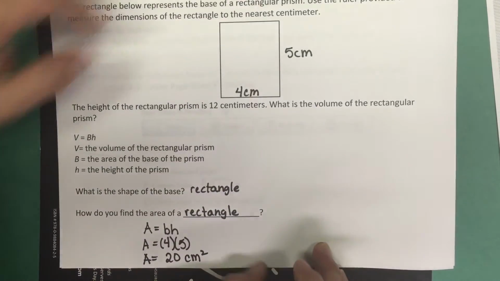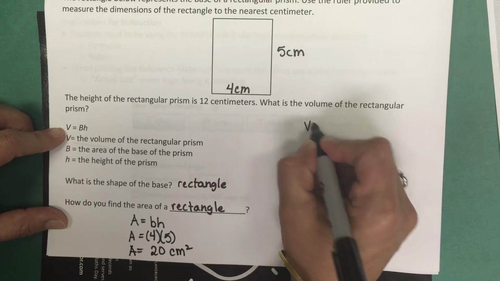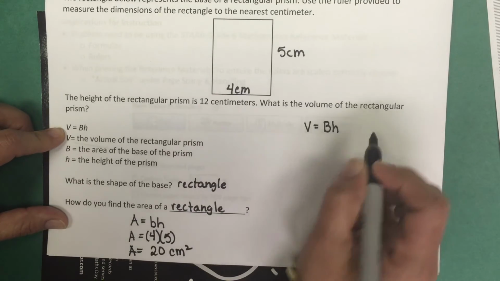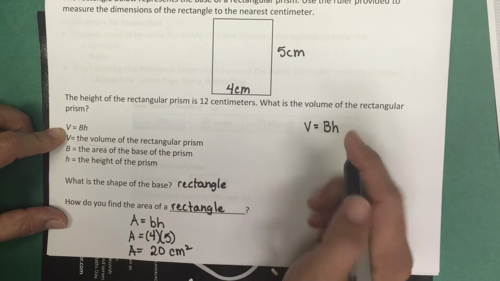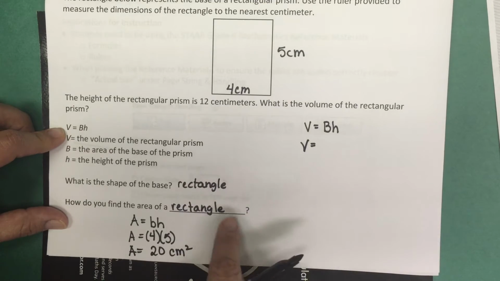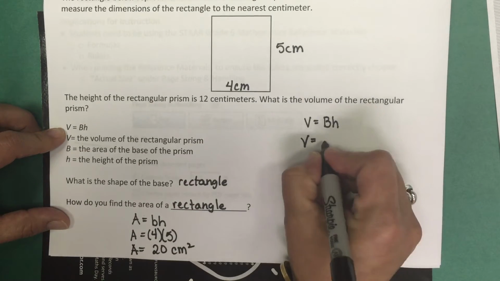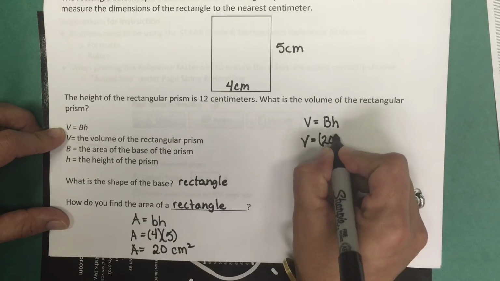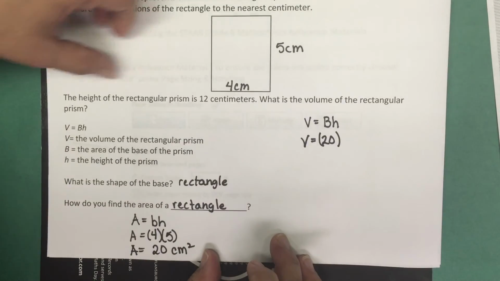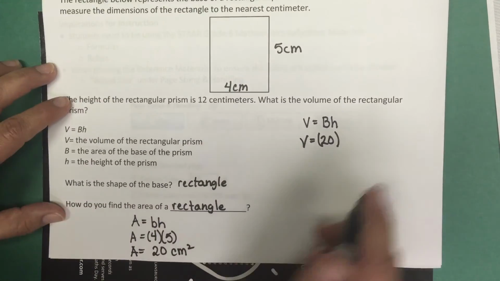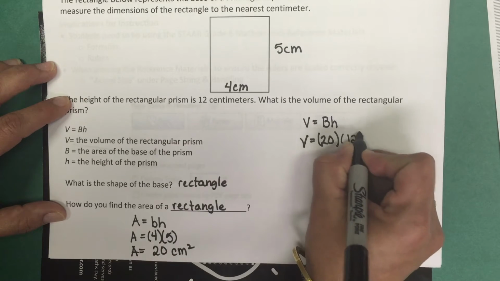Now, we still got to think about our volume formula. We have found the area of the base, which was a rectangle. We found that area to be 20 centimeters squared. We are given in the problem that the prism has a height of 12 centimeters.